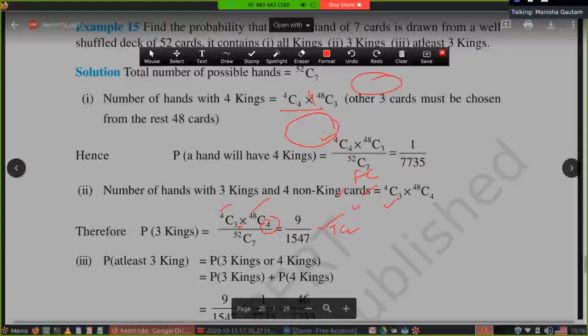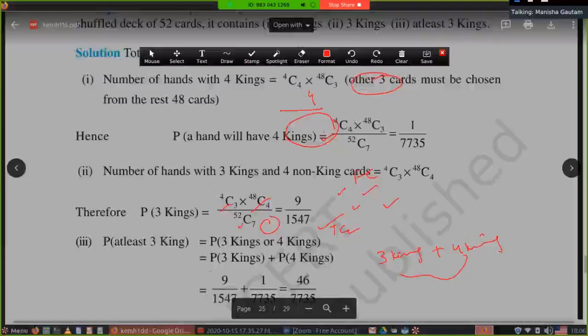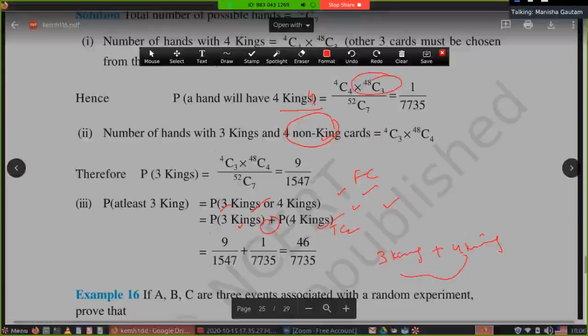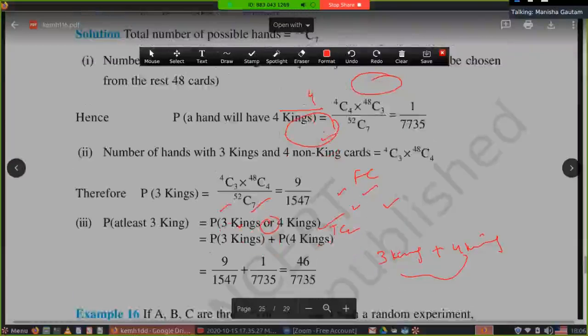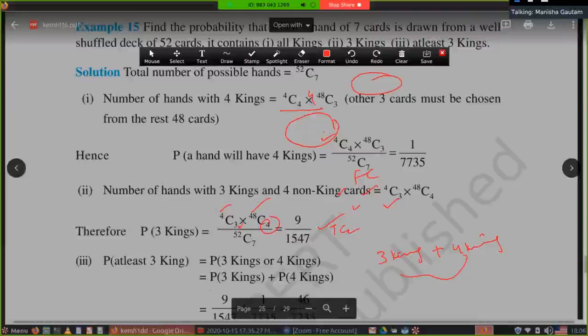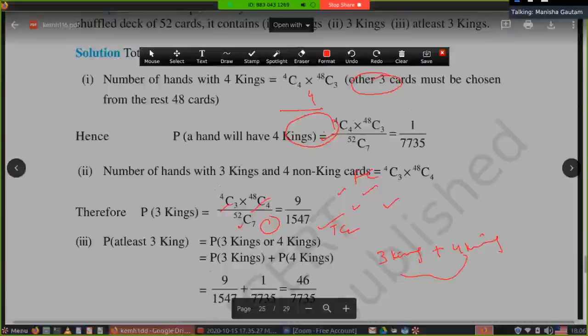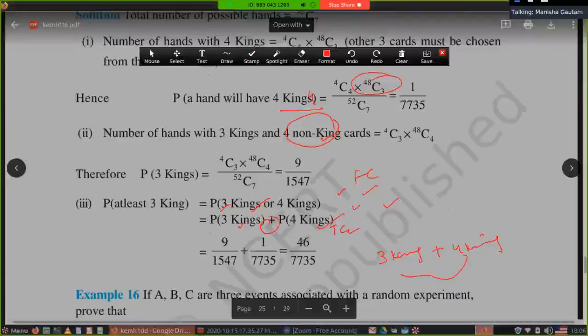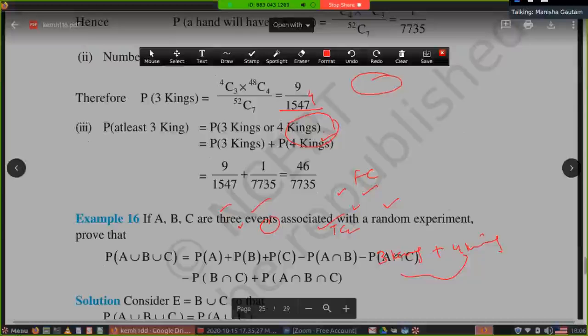At least 3 means 3 and more than 3 kings, or 4 kings. Both cases you have to add. It means the first part and second part both will be added. 9 by 1547 is the second case, and the first case, both you have to add, 46 upon 7735. Now come to example number 16.